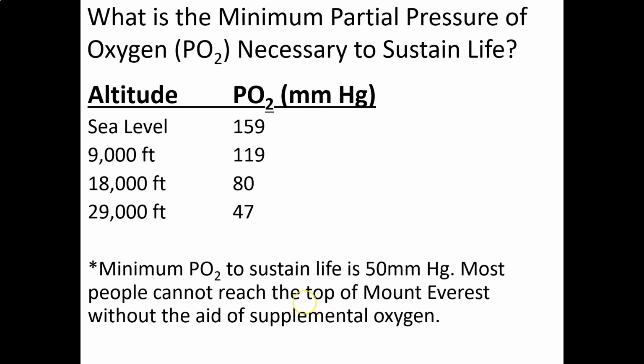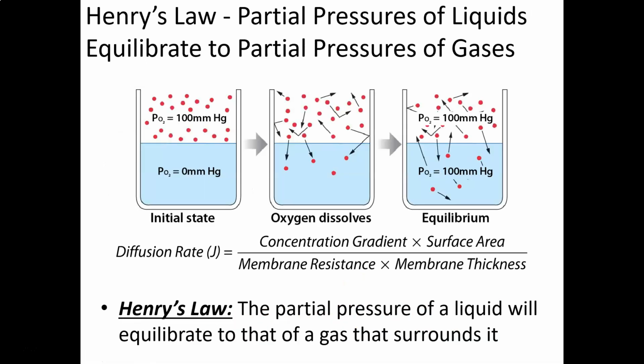So this kind of summarizes the partial pressures we've calculated, 159, 119, 80, 47 at the different altitudes as we move up. And again, this makes the point that the minimum PO2 to sustain life is 50. And most people can't reach the top of Everest without supplemental oxygen. So that's the value of Dalton's law, sometimes known as Dalton's law of partial pressures.